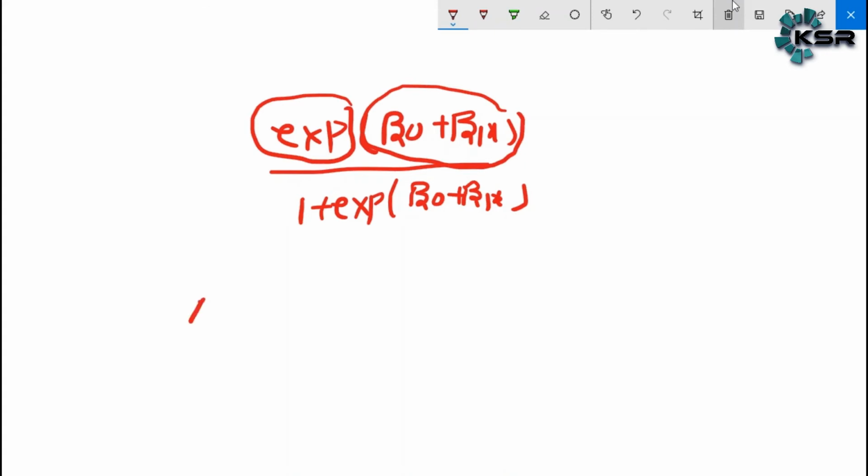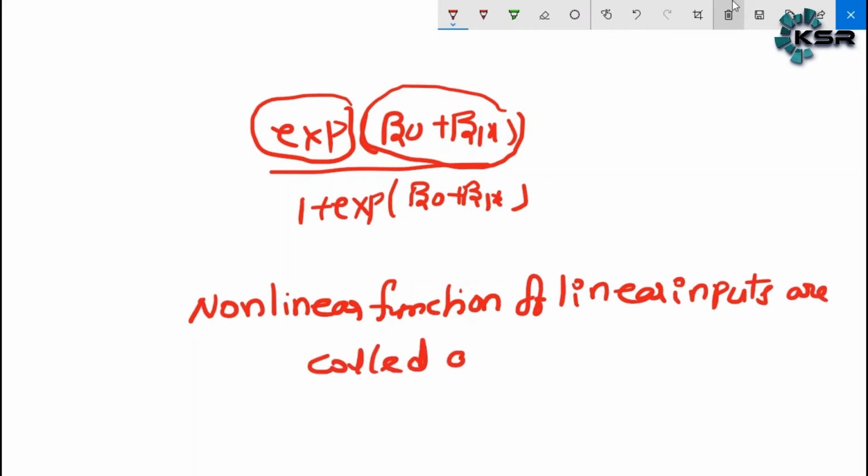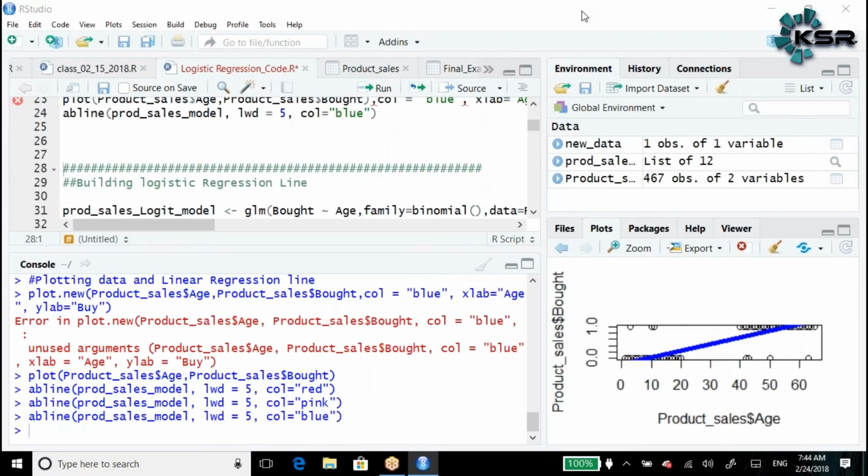So we can say a non-linear function of linear inputs is called logistic regression. Is it clear why I derived this equation? Is everyone clear? Okay, any questions guys? Is it clear how I derived the equation?